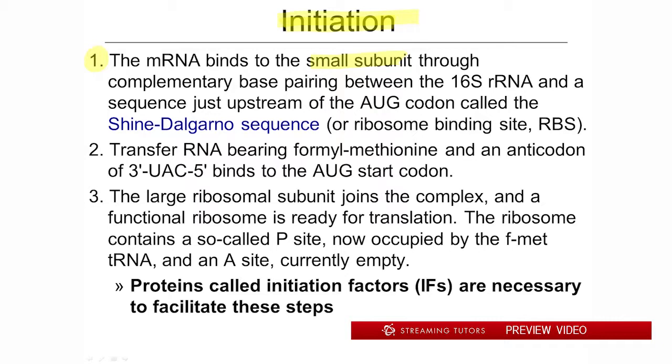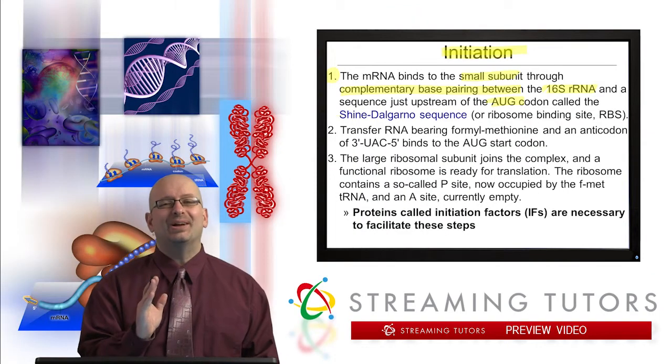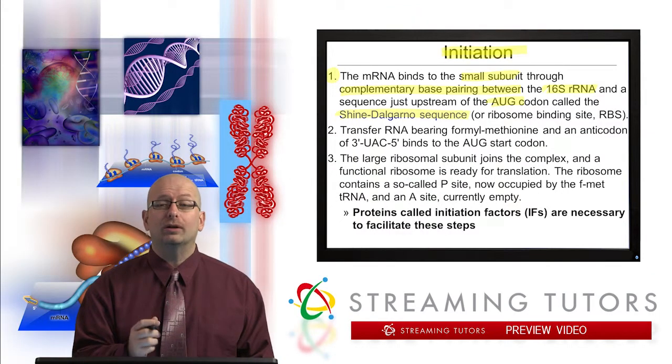So the way that gets done in bacteria is there is a complementary base pairing between the 16S ribosomal RNA and a sequence that is upstream of the AUG. Remember, AUG means start codon. And it's often referred to according to the names of its discoverers, the Shine-Dalgarno sequence.